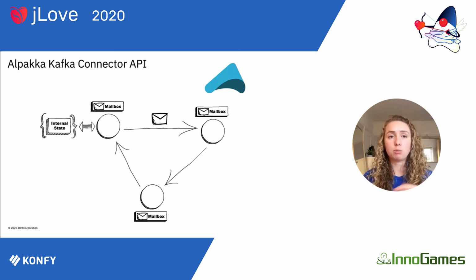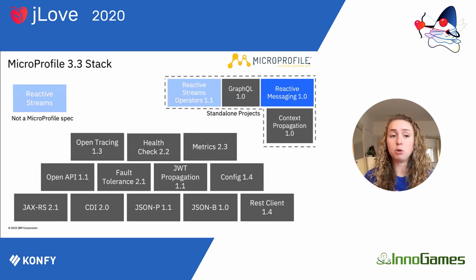There's also MicroProfile. MicroProfile is a community-driven specification, and one of their standalone projects, which hopefully at some point will be integrated into the main MicroProfile stack, is the reactive messaging specification. This reactive messaging specification enables those reactive behaviors and characteristics in the communication within your application. So how does it work?